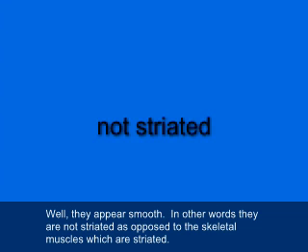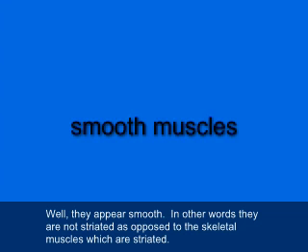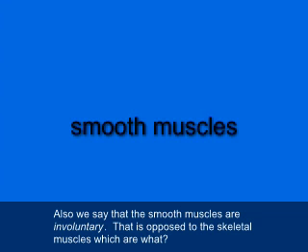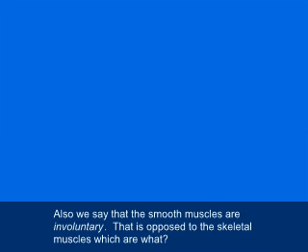Well, they appear smooth, or in other words, they're not striated, as opposed to the skeletal muscles, which are striated. Also, we say that the smooth muscles are involuntary. That's as opposed to the skeletal muscles, which are what? Skeletal muscles are voluntary.